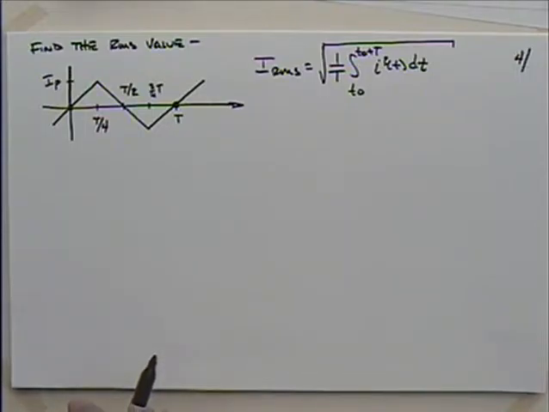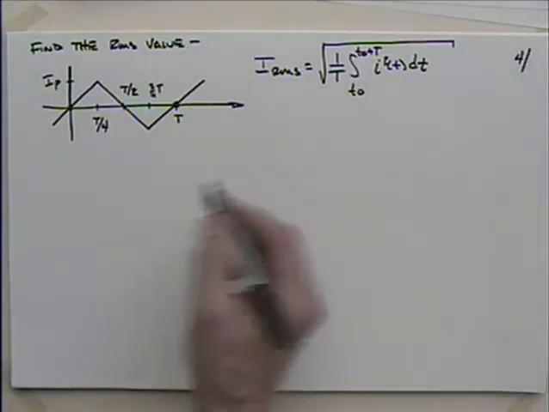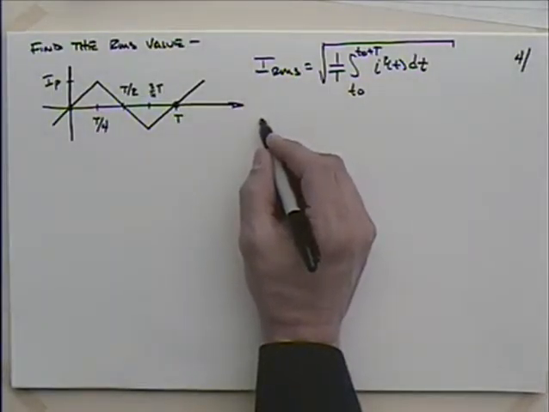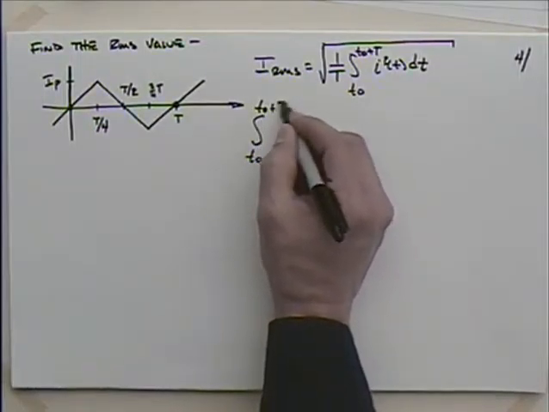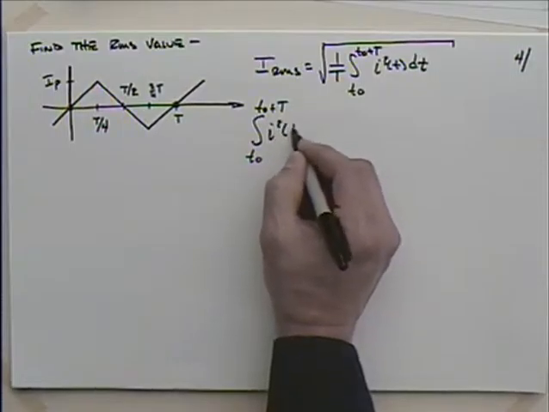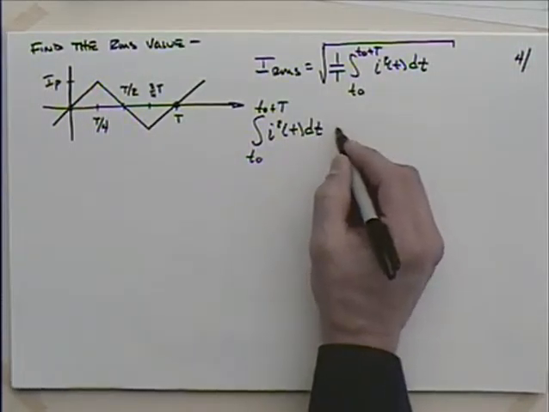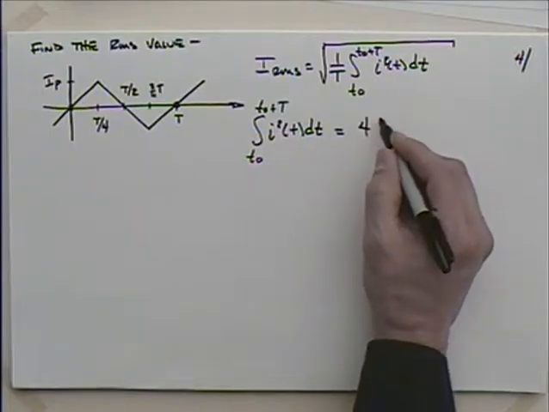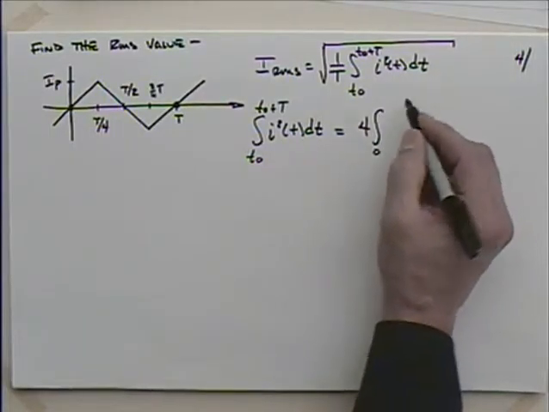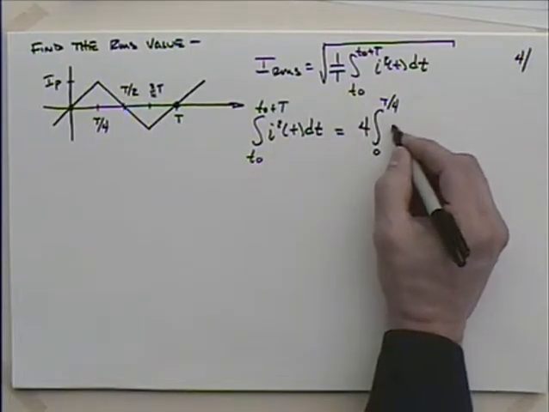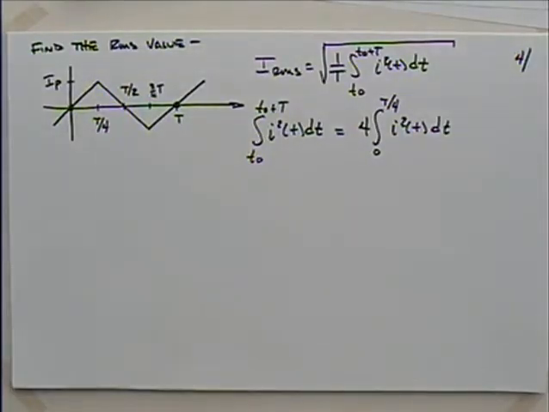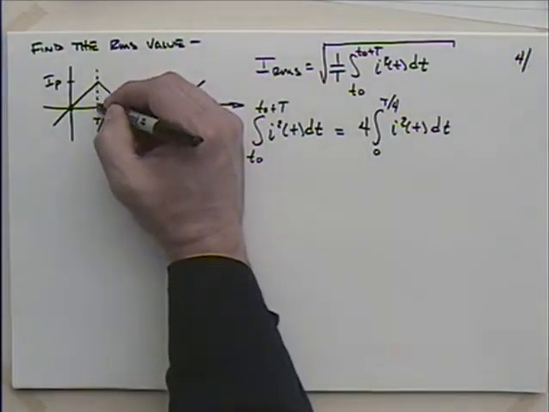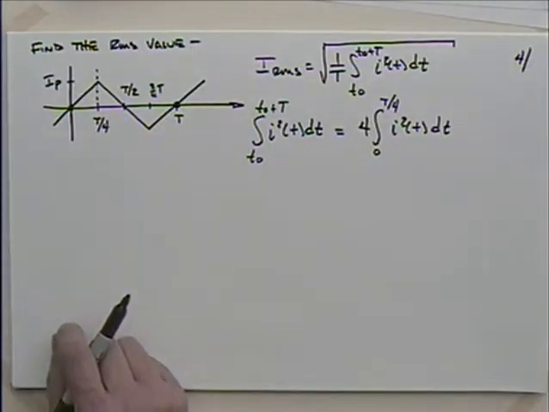So let's see, if I'm squaring it, could I say that the integral from t naught to t naught plus T of I squared t dt would be the same as saying it's 4 times the integral from 0 to T over 4 of I squared t dt? Is that fair? I mean, I'm really just then looking at this piece, right? That should work, shouldn't it?